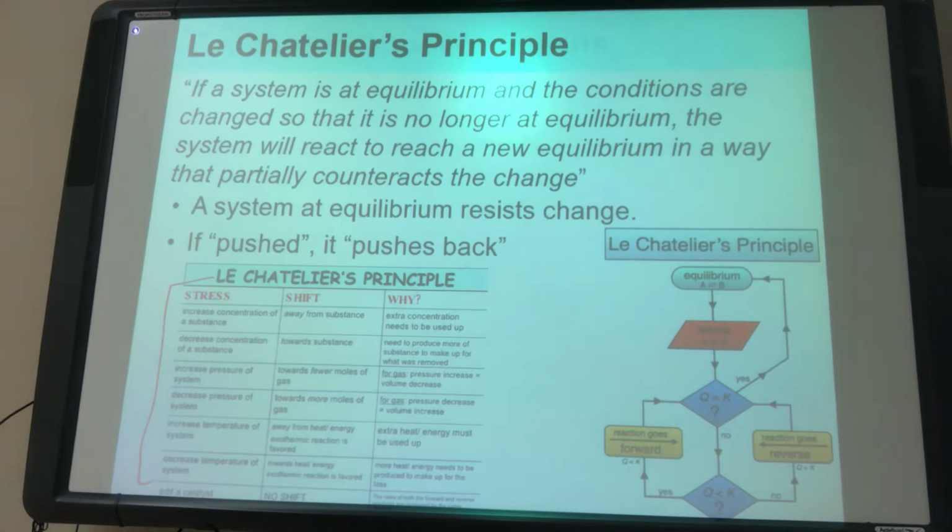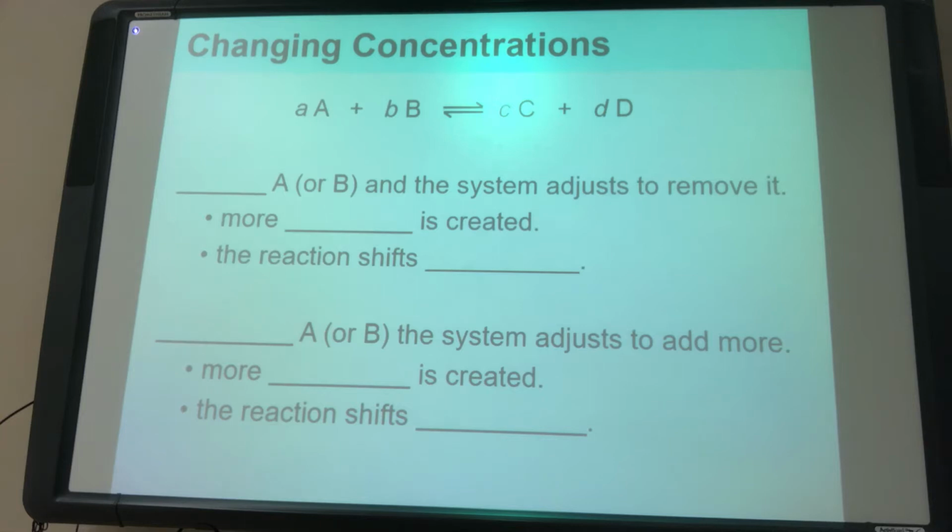The first thing is going to be concentration. I can change the concentration of my reactants or my products, and it's going to shift. The first thing I could do is add something. So say I add A or B. If I increase A or increase B, the system is going to adjust to remove it.